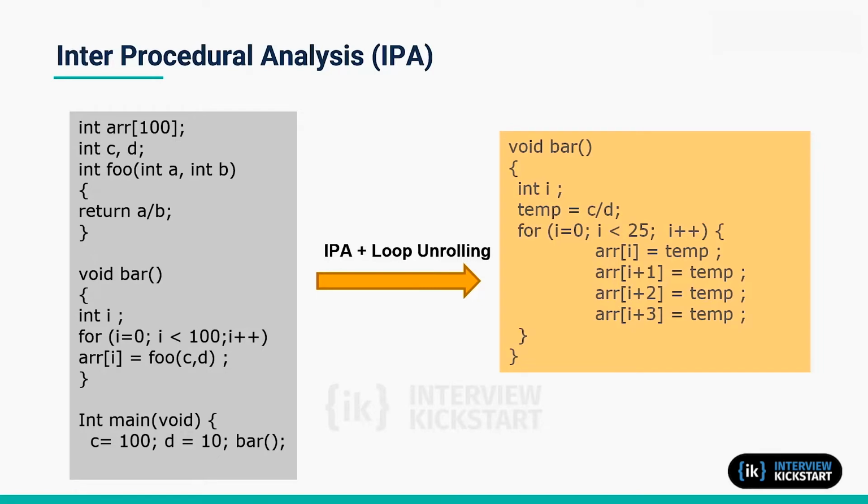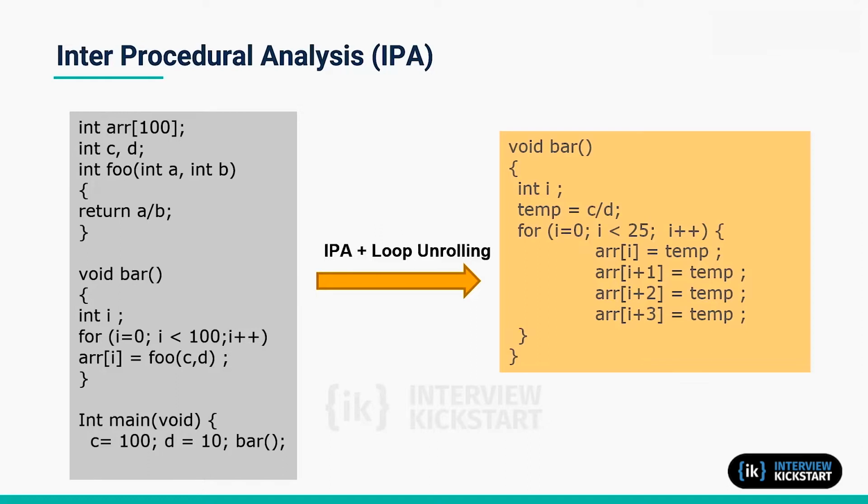So here is an example where there is an array of 100 elements, and there are two variables C and D which are initialized to 100 and 10 respectively, and a function called bar is called, which iterates 100 times and assigns the result of the function call foo to each of the array variables from 0 to 99.